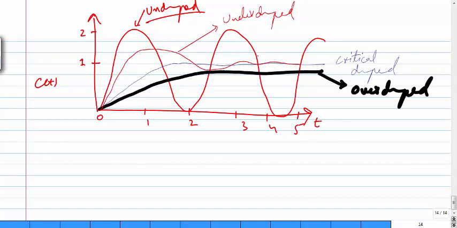So these are the possible responses when we have a stable system. We can say that a system that has poles on the j omega axis or on the left side of the j omega axis is stable. Before going further, I will change this color to green so that it highlights better.